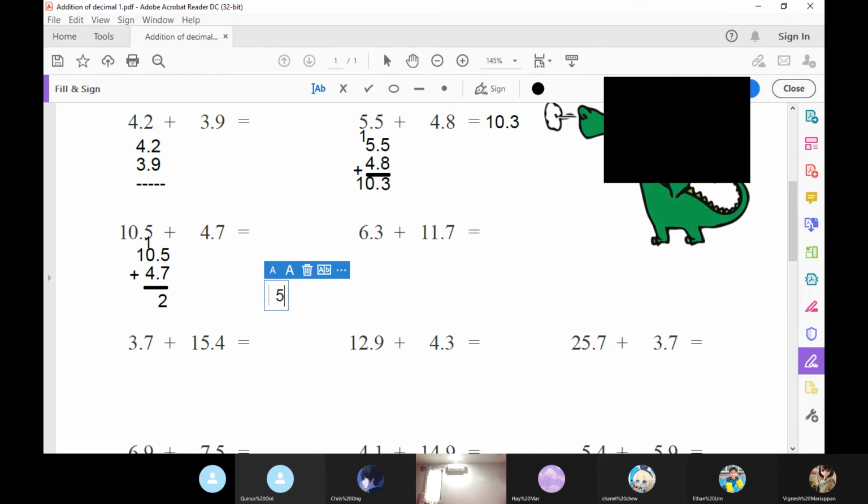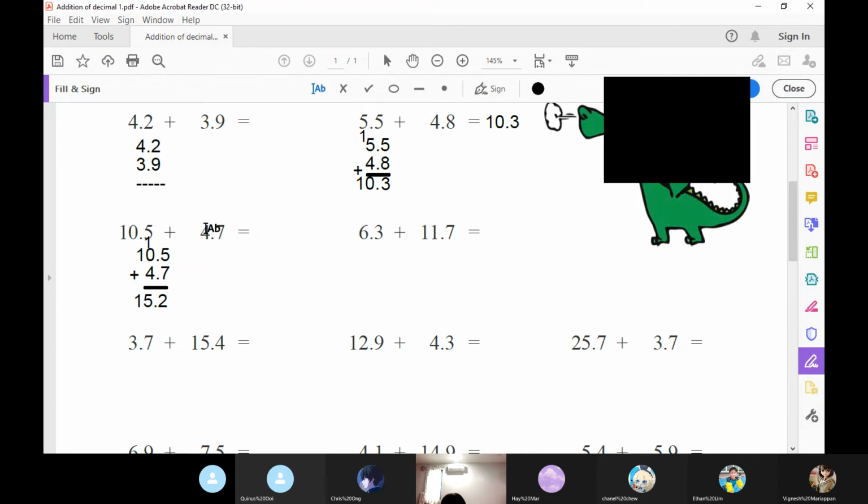What is your answer, Quinas? 15.2. Make it bigger, Hema, so I can see the differences of size. Okay, very good. 15.2.